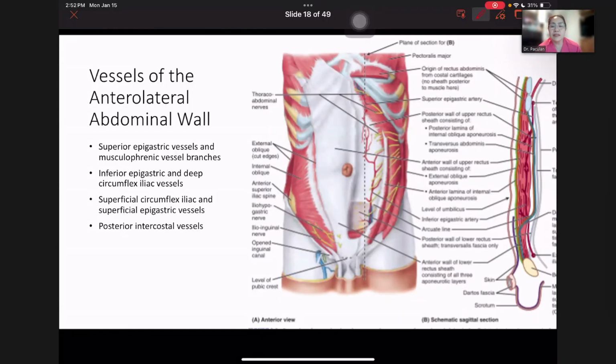So these are the vessels of the anterolateral abdominal wall. It's listed. You have four that you should be able to find: your superior epigastric vessels, your inferior epigastric and deep circumflex iliac vessels, your superficial circumflex iliac vessels, and your posterior intercostal vessels.